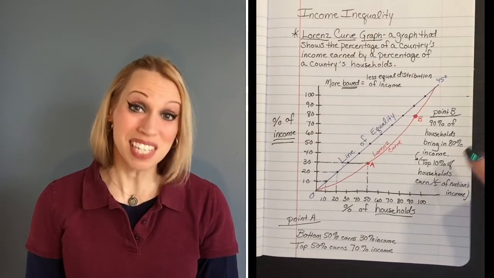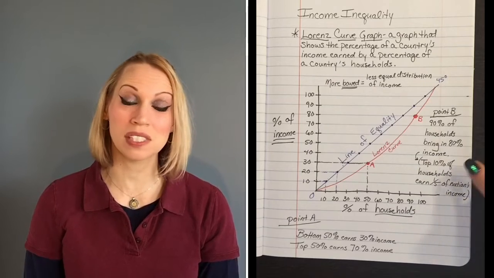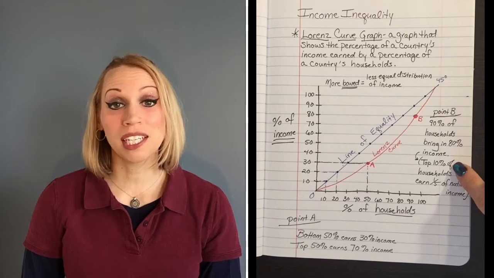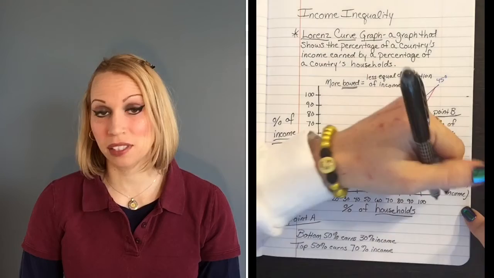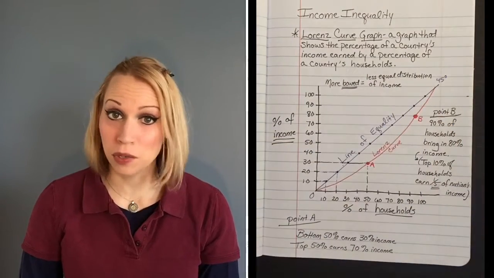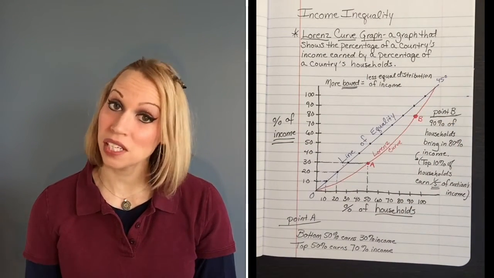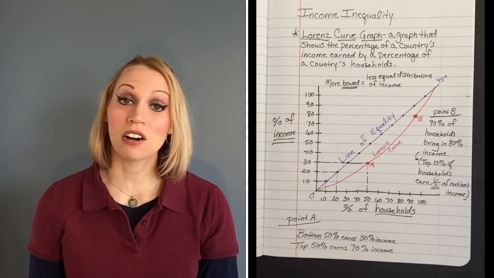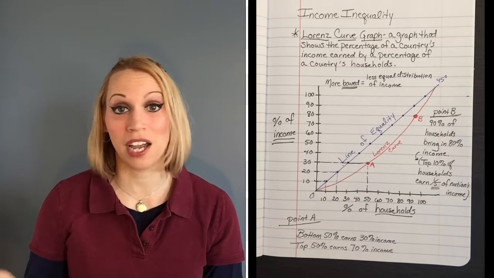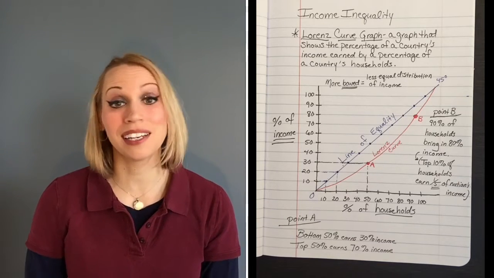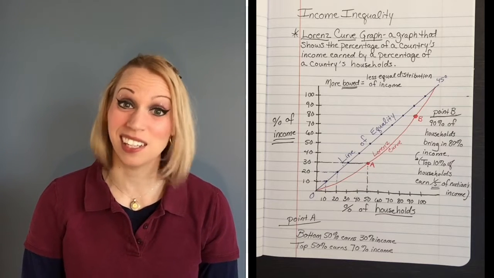The top 10% of households in this country are earning 20% of this country's income. In other words, the top 10% of households in this country are earning a fifth of this entire country's income. Again, that definitely sounds unequal.